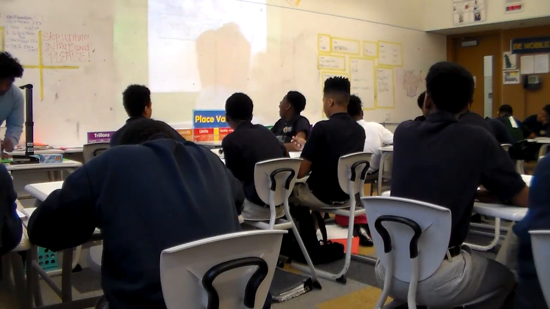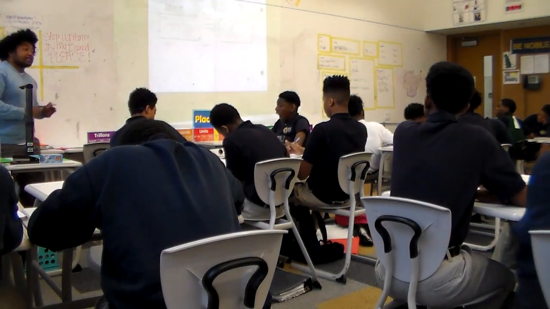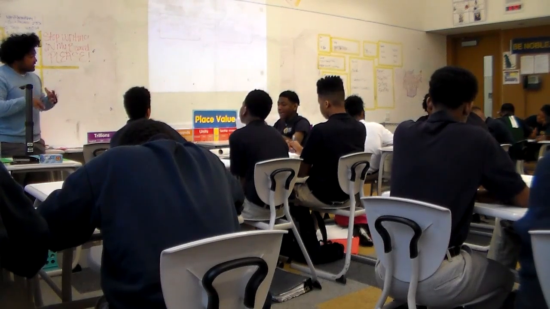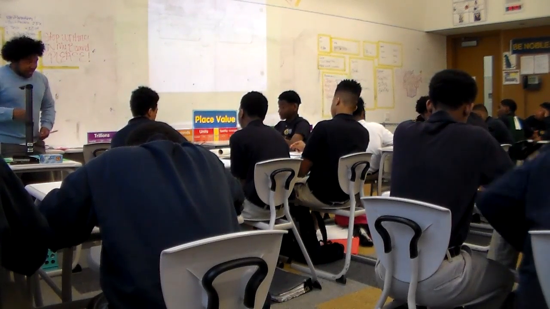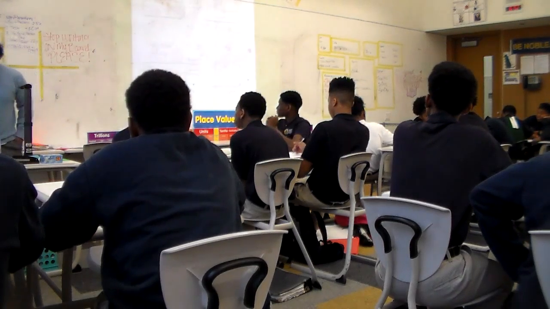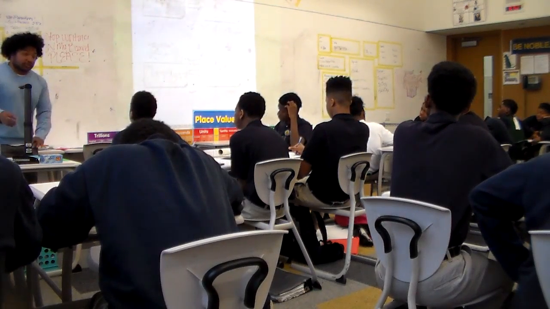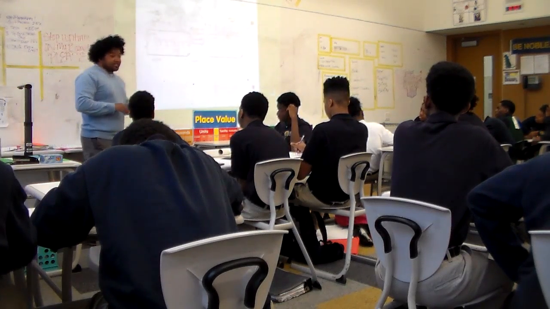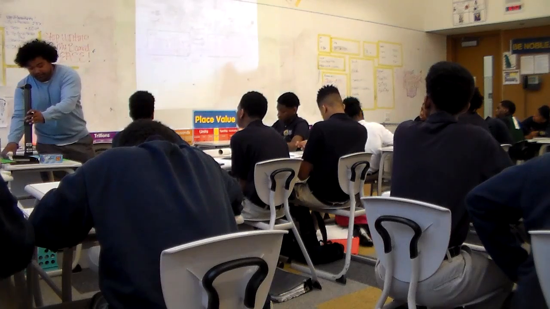X to the AB. Now notice, this looks similar to multiplying like bases, but it's not the same. So I'm going to put a couple of examples right at the bottom so that you know the difference between the two. Because this is where the confusion hits, whether to add or multiply.